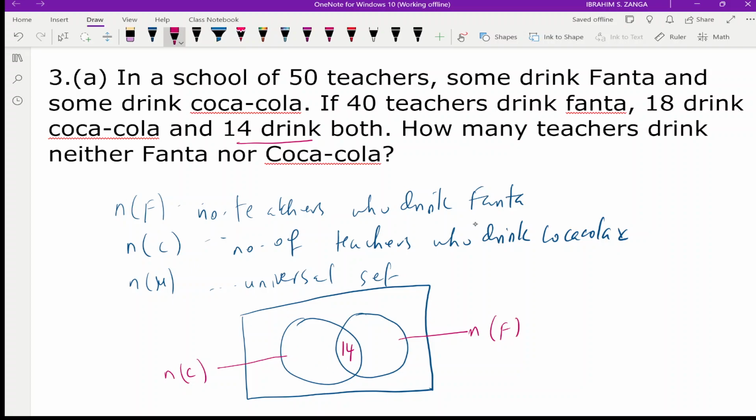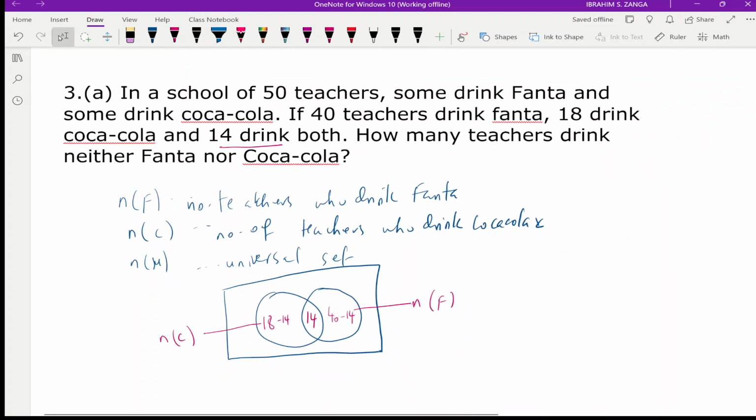Those who drink Fanta, we were told that they are 40, so it means here we'll be having 40 minus 14, and on the other side, the number of those who drink Coca-Cola only, we have 18 who drink Coca-Cola, so here will be 18 minus 14, dear students.